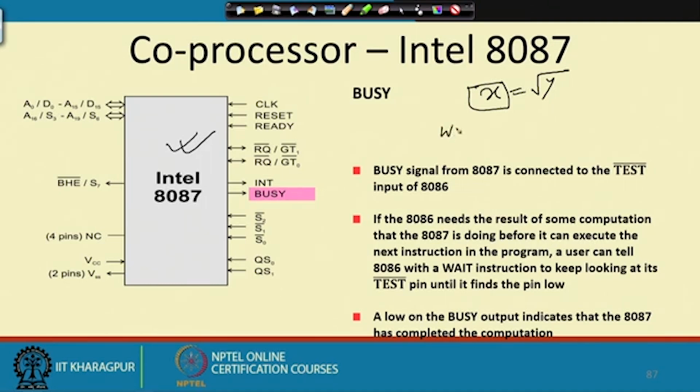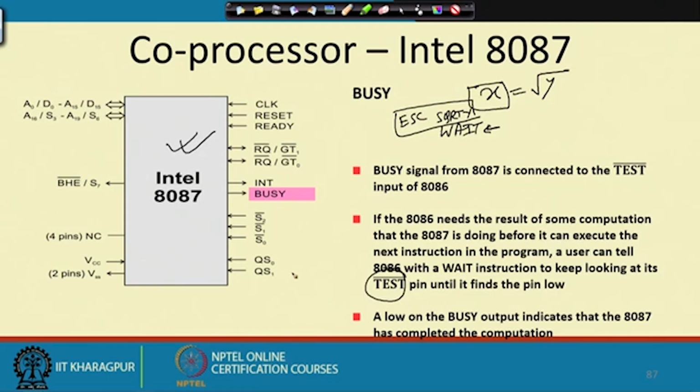It will put this wait instruction, and before that it will put this sqrt instruction for this y, and put an escape before that, to tell that this is an instruction to be executed by the coprocessor. Now, it puts this wait instruction, which means the 8086 processor will wait till the test bar line becomes active.